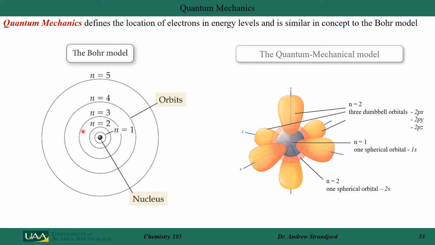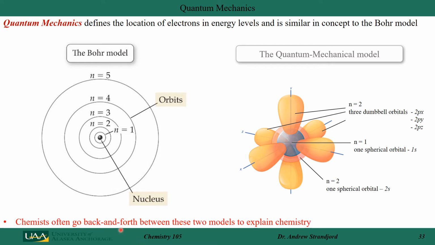If I go out to the 2 orbit in my Bohr model and go out to my 2 orbit in my quantum mechanical model, I have both spherical and dumbbell-shaped orbits here. In fact, I have 3 dumbbell orbitals in my n equals 2 shell. I have a 2px, a 2py, and a 2pz, and those just represent the coordinates in which they're oriented, in the x direction, y coordinate, or the z axis.